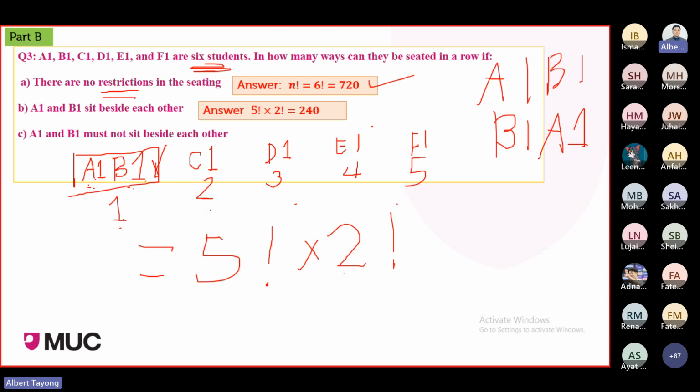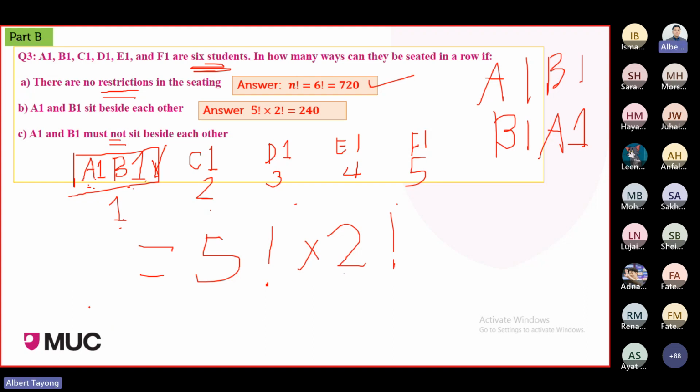Now the opposite is A1 and B1 must not sit beside each other. That's the opposite. So how many ways? Here the keyword is not, it is the complement.